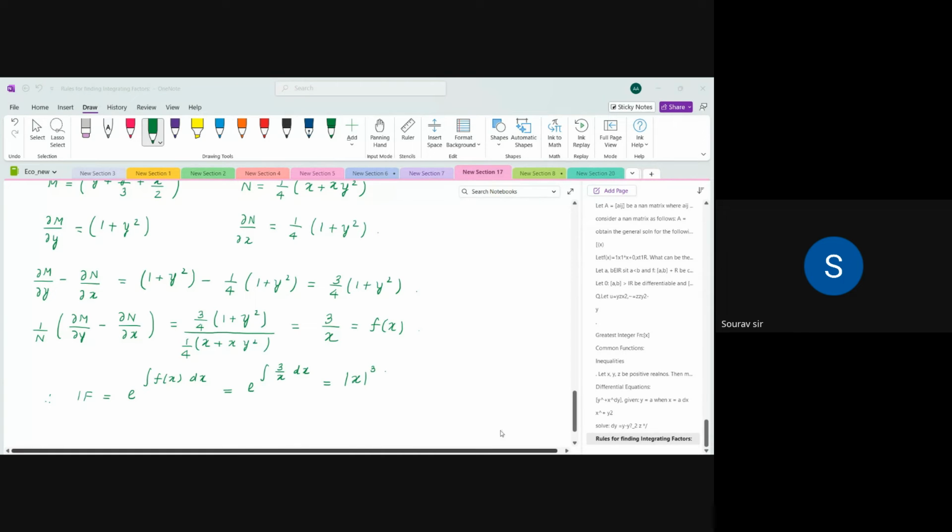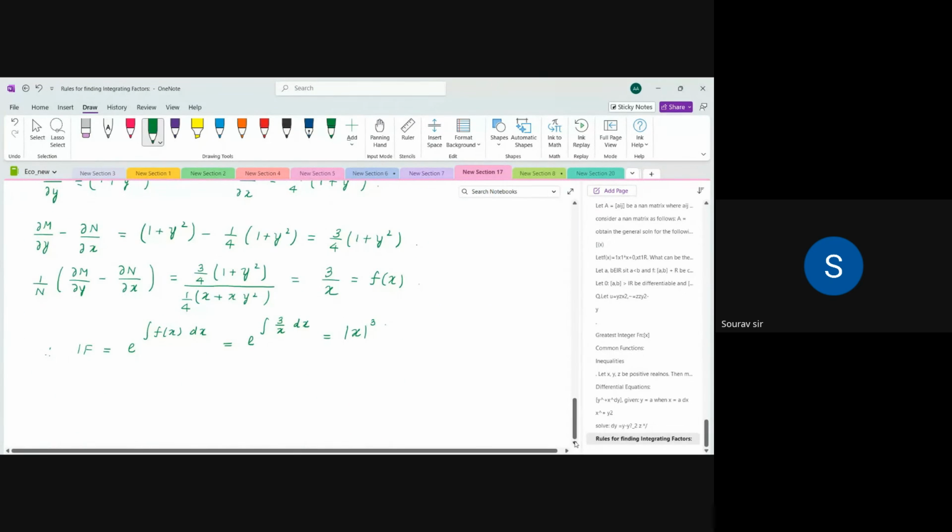So if this is fine with all of you, now let's come to the last part of our discussion on exactness. We have understood why we are calculating the integrating factor, so that we can finally use that to make the differential equation exact.